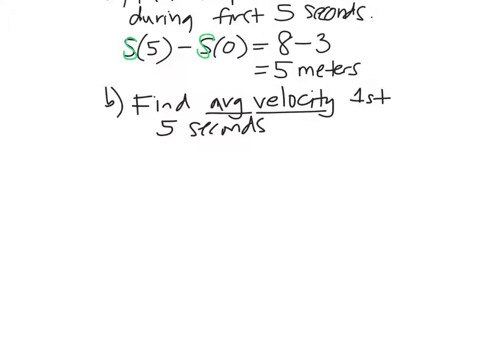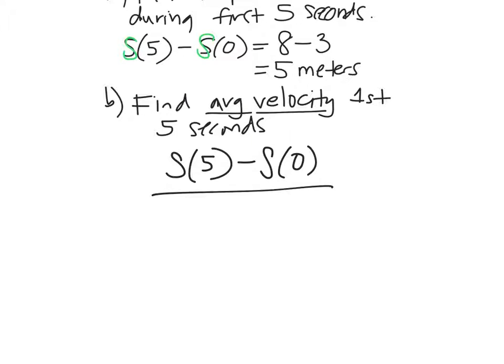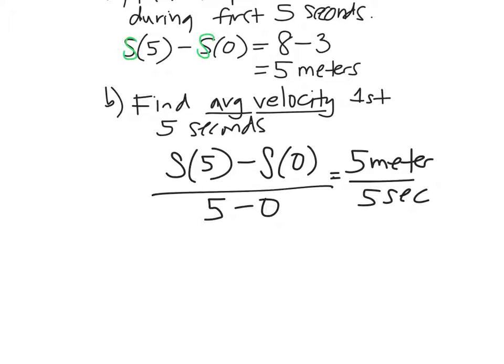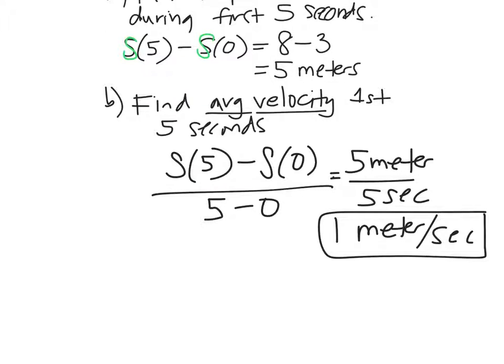So s of 5 minus s of 0 over 5 minus 0. And we already found the first one. It's 5 meters over 5 seconds. And so what is the average velocity? 1 meter per second. That's the average velocity.